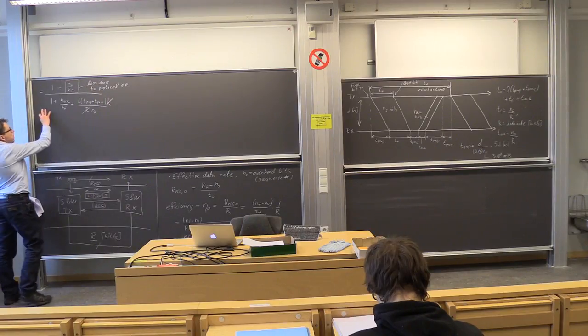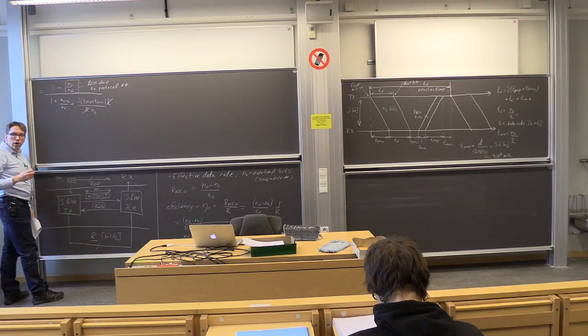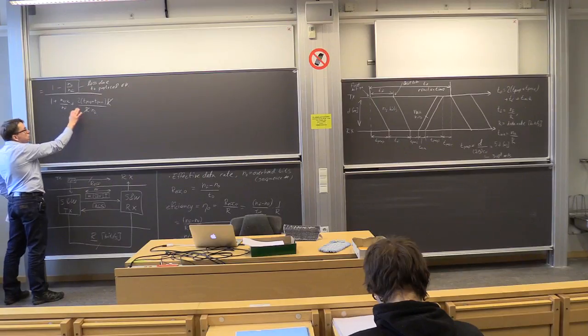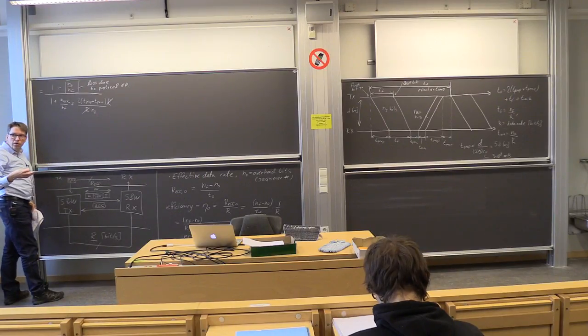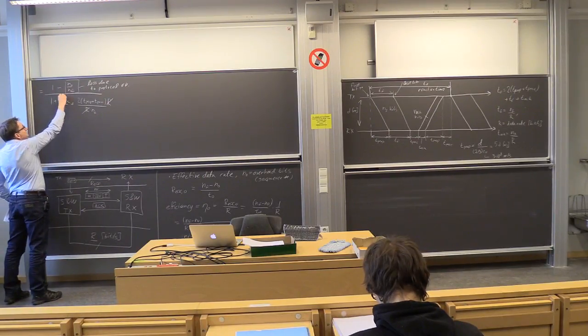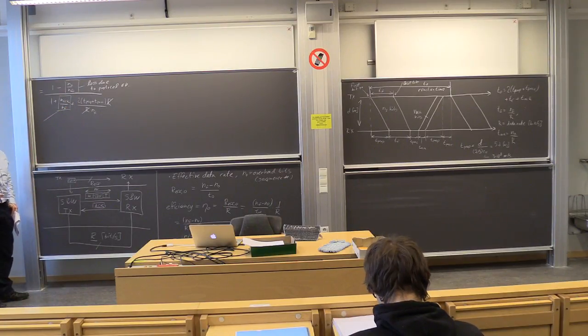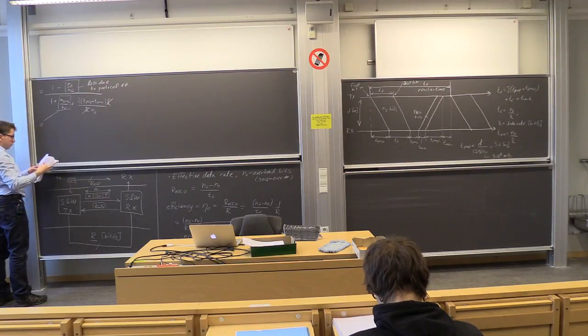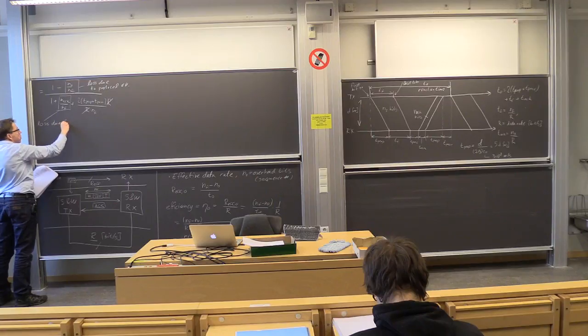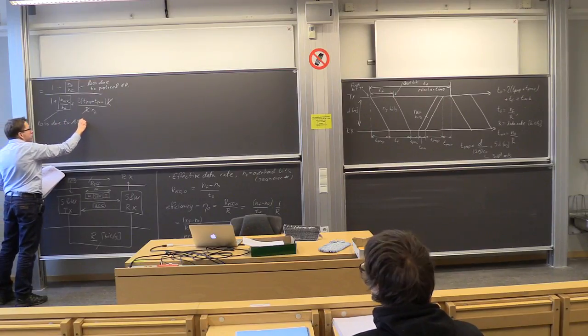Okay, and then what makes the denominator non-ideal? Well, it's the addition of these two terms, which will lower the efficiency. And the first one here is the overhead due to the acknowledgements. Okay. So this is the loss due to ACKs.